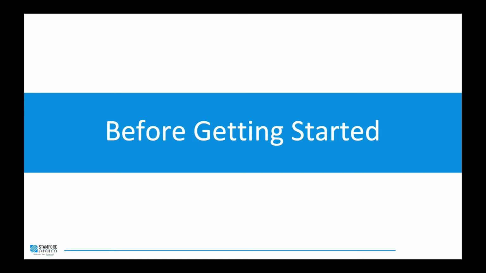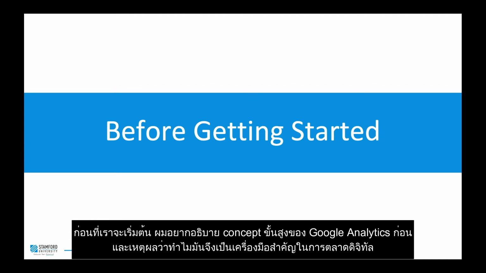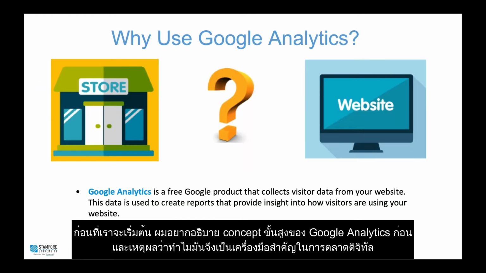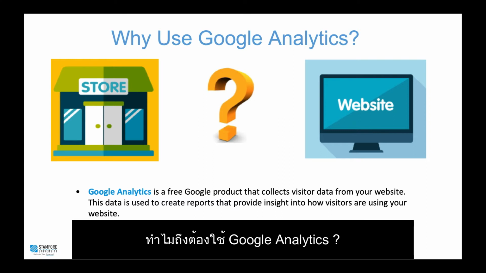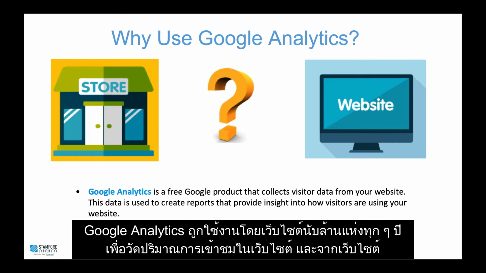Okay. Before we get started, I want to first explain the high-level concept of what Google Analytics is and why it's such an important tool for digital marketers. So why use GA? GA is the short name for Google Analytics. It is used by millions of websites every single year to measure the traffic to and from their websites.